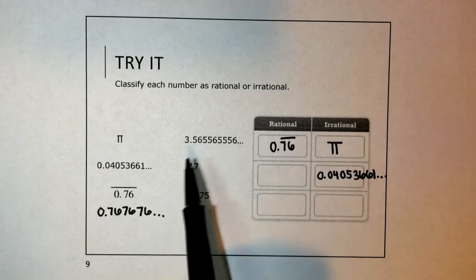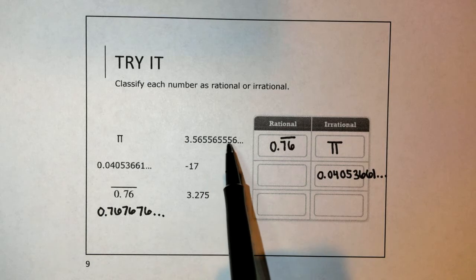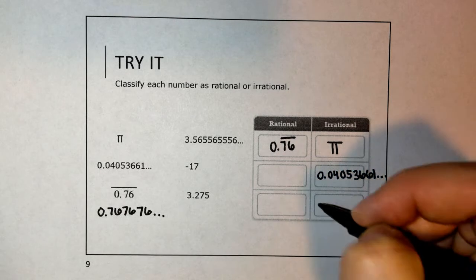The next number is 3.5655655556. Three dots means it's not terminating. So in order for it to be rational, I have to have repetition. It has to be repeating. Now there is a pattern here, but it's not a repeating pattern. So that means it's going to be irrational.